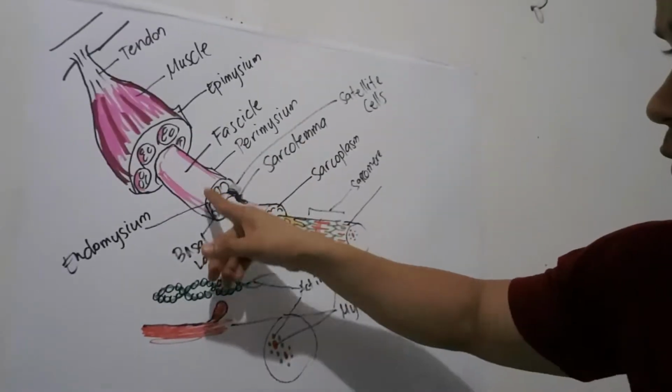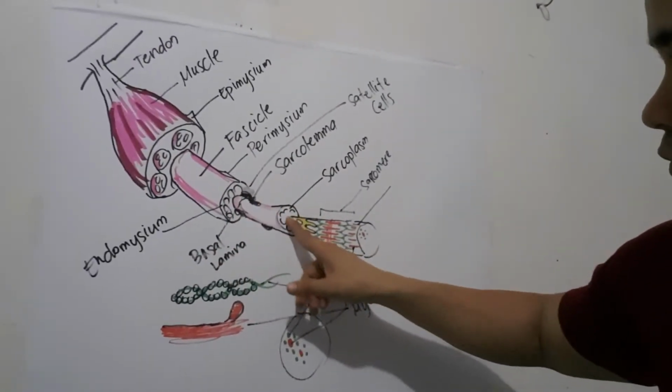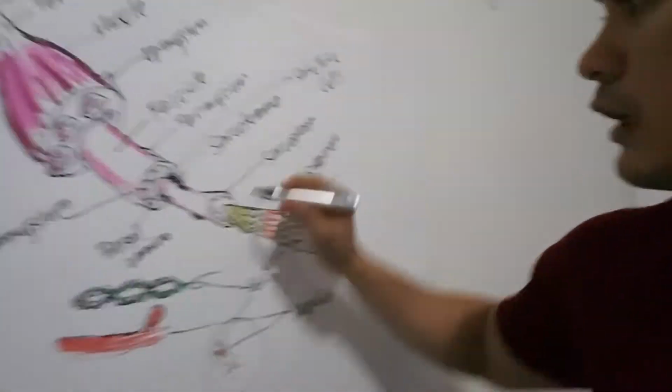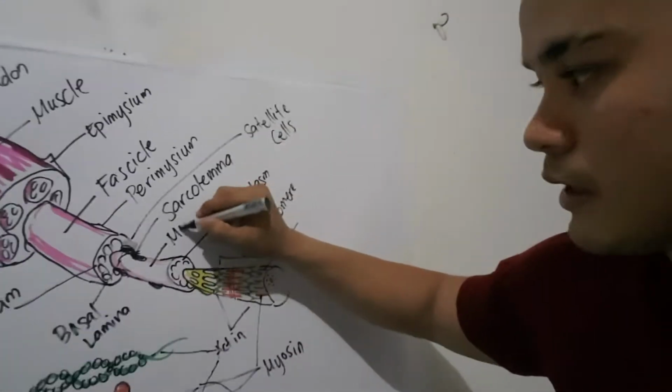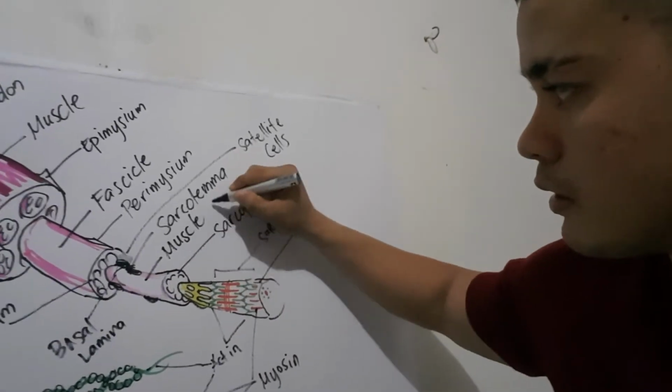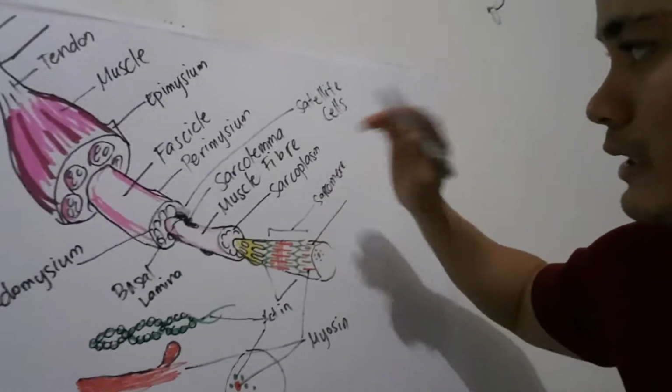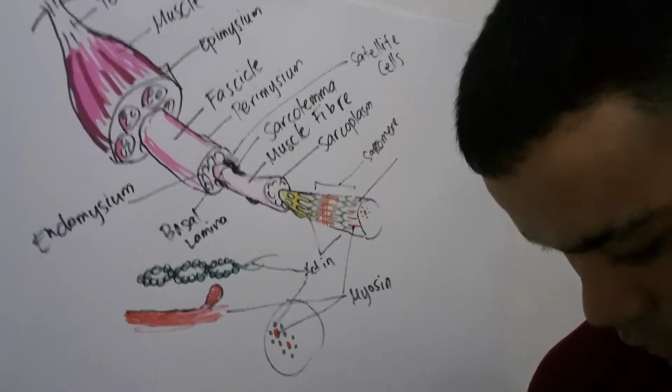So we move on to the muscle fiber itself. I forgot to put a label, so this is the muscle fiber. It is very important. The muscle fiber is actually the cell of the muscle.